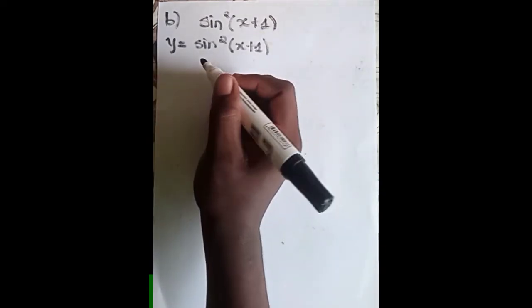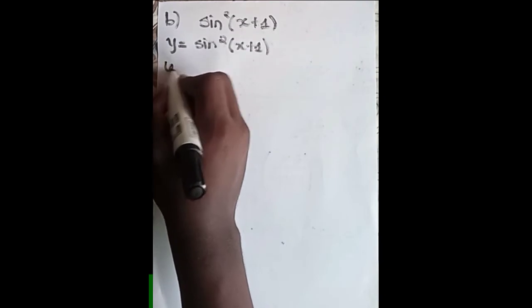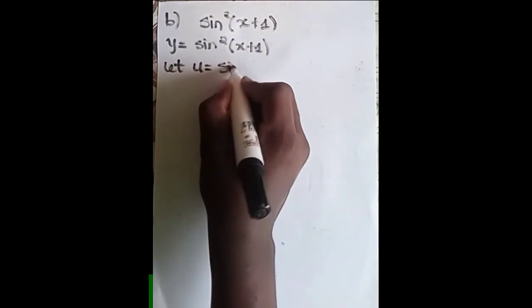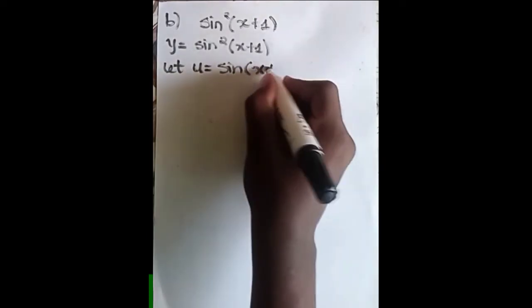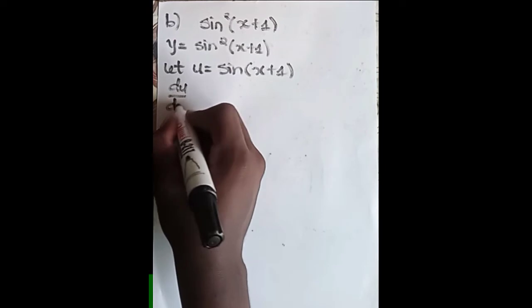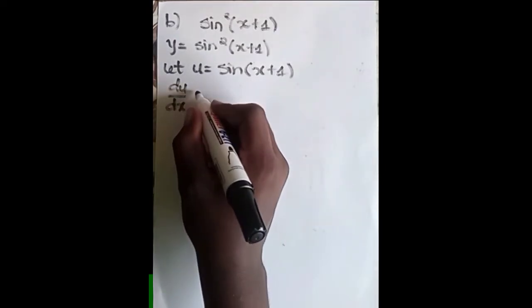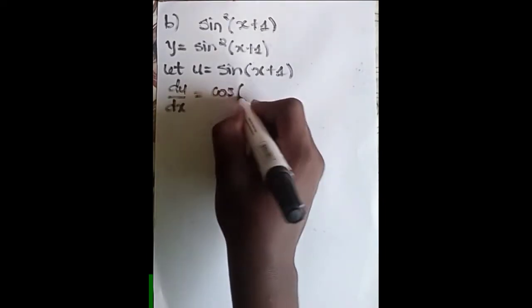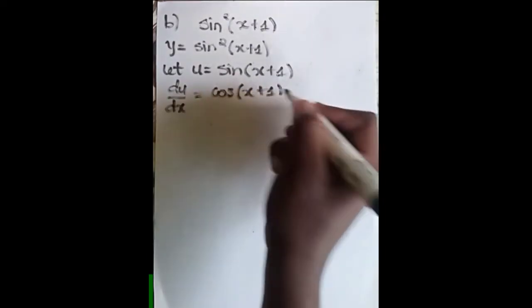What are we going to do here? We're going to simply let u equal sin(x plus 1). And if we differentiate, du/dx is simply going to be cos(x plus 1).